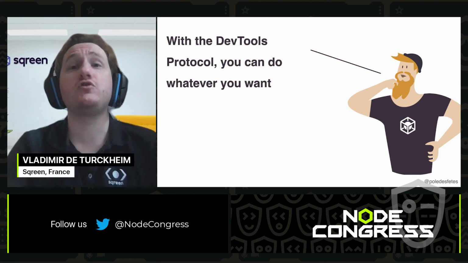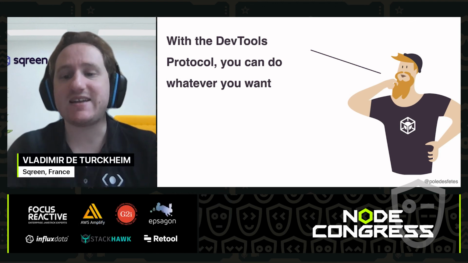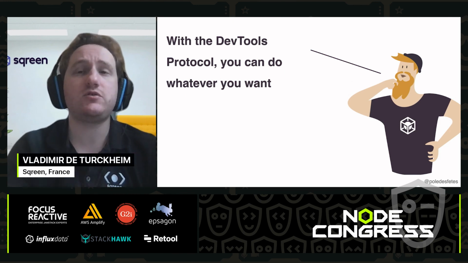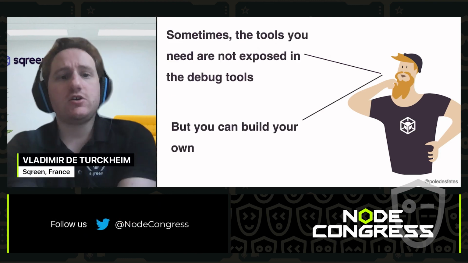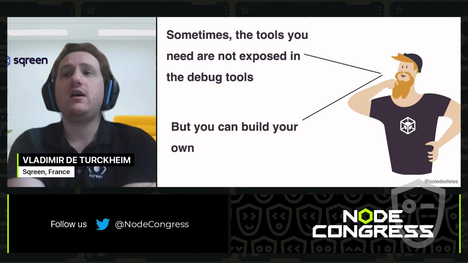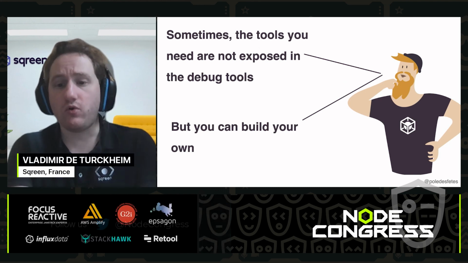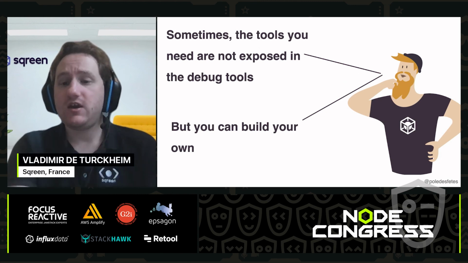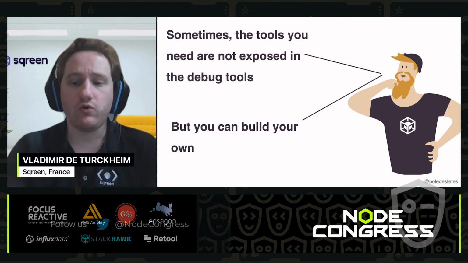This requires, of course, local access to the machine running the process, so it doesn't add any security threat because you already have administrative access to the machine. And sometimes the tools you need are not exposed in the debugging tools in the Chrome interface or in your IDE or in VS Code, but you can build your own. If you need a very precise CPU profiler, you can build your own. If you need to do some special stuff like I did in this talk, you can build your own.